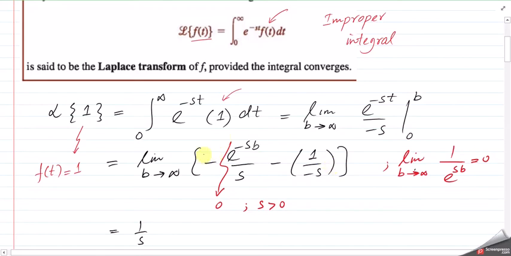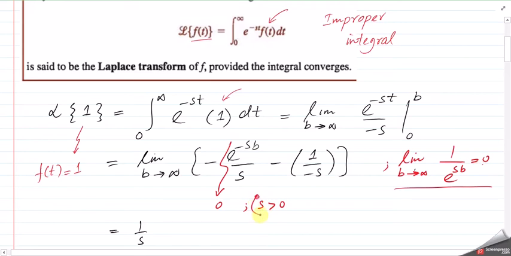This part of the problem has e power minus sb, and b is going to infinity. If s is positive, then it can go down like this. So limit as b goes to infinity of 1 over e power sb goes to 0.